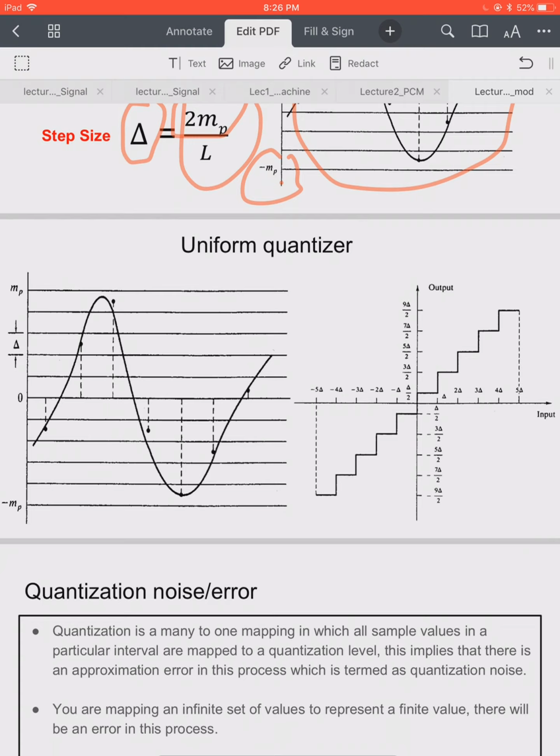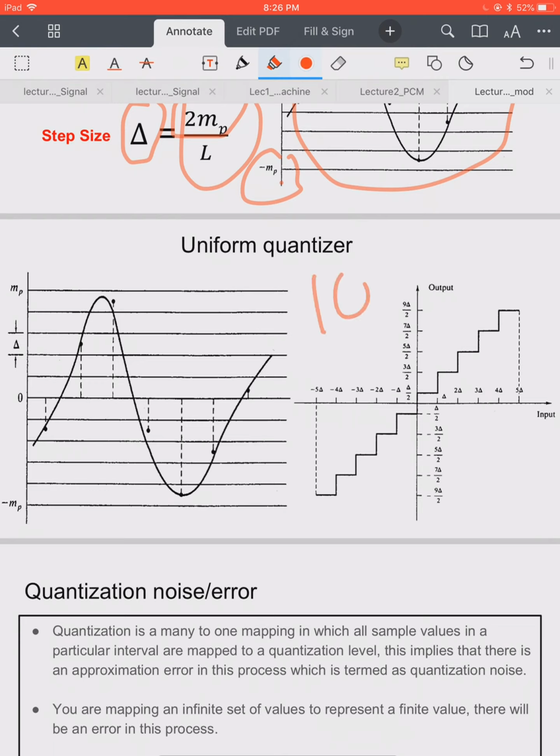So here you are having a total of 10 quantization levels. So this is the input output characteristic of the quantizer, which is given by this graph.